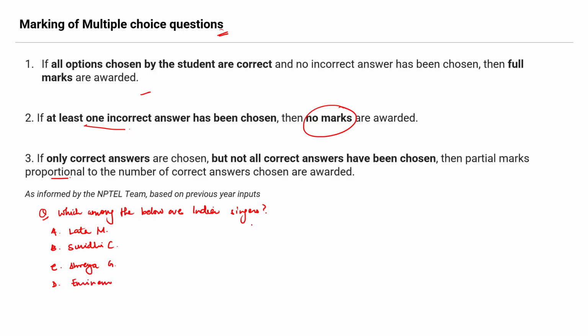Which among the below are Indian singers? You have got the responses and you have to tell me which is the correct response. Anyone, you can type in the chat box and we'll discuss it. Quickly, guys. What are the correct answers? Indian singers.